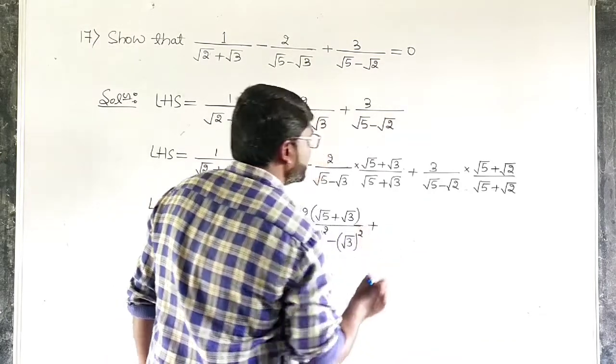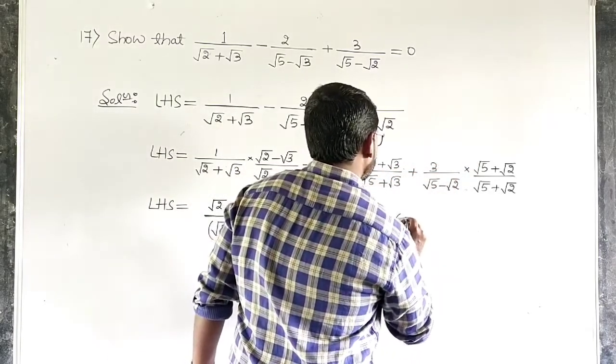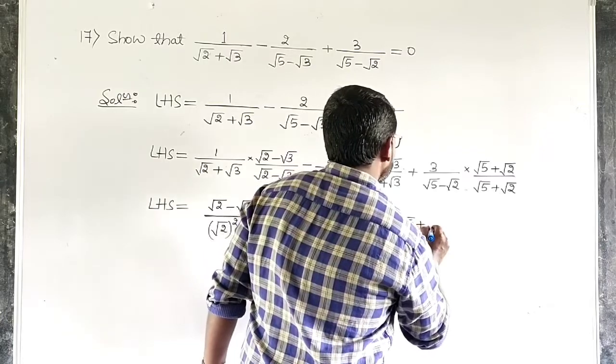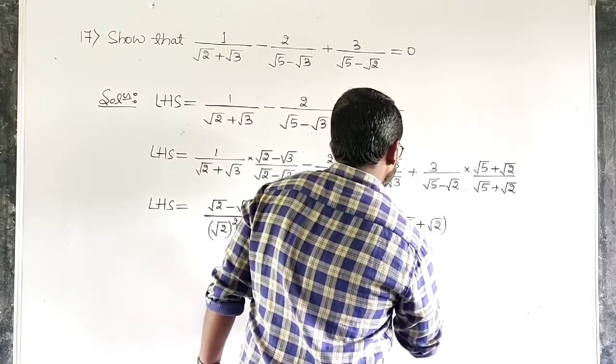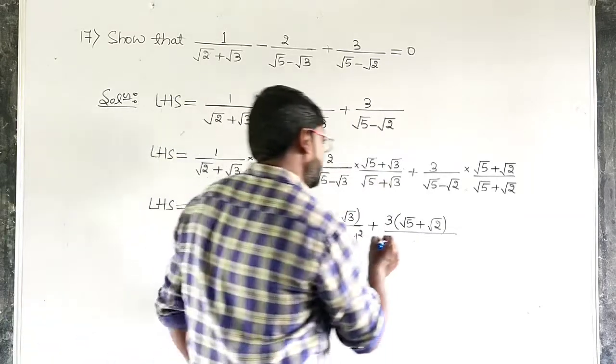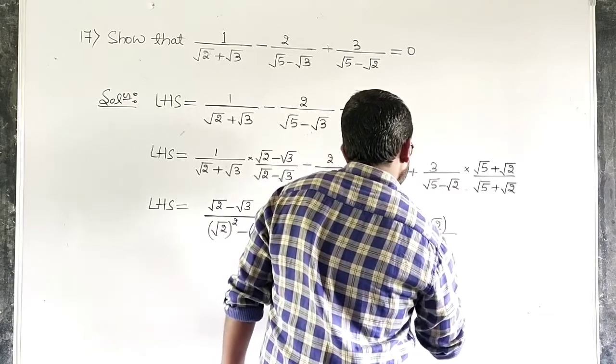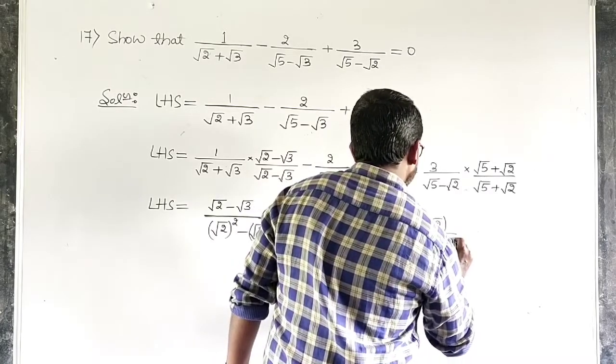Then plus 3 times root 5 plus root 2, divided by (a minus b) into (a plus b). It is (root 5) the square minus (root 2) the square.